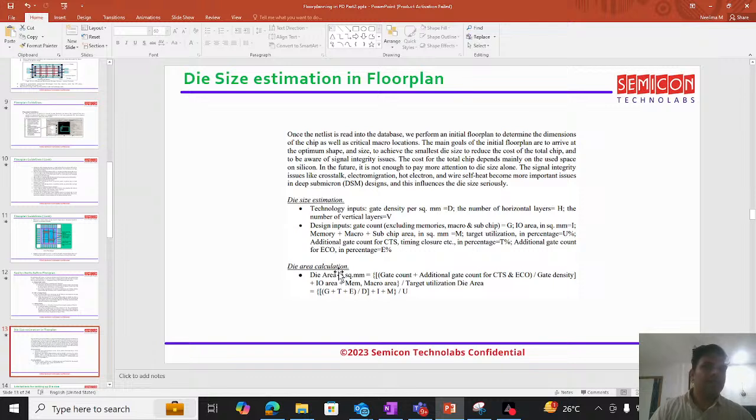We don't want to go in a very aggressive way, so that in the end, if there are any functional ECOs or timing ECOs that need to be done, or in the future, for the next phase of the project, if we have to add some more functionality using the spare cells, or once the BTO is done and we want to make some changes in the design using gate array cells before we go to MTO, even at that time it is always recommended to have some extra space available.